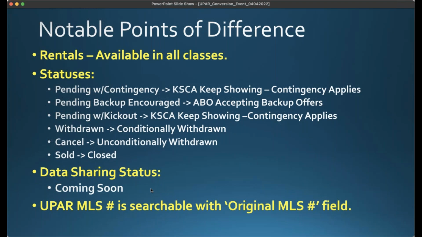And some other things that you might see, or at least in this case, you'll see a coming soon status. Now, because you're getting data from other parts of the state, some of these data sharing partners use this status, coming soon. And it allows them to put a listing in a coming soon status for up to 7 days.